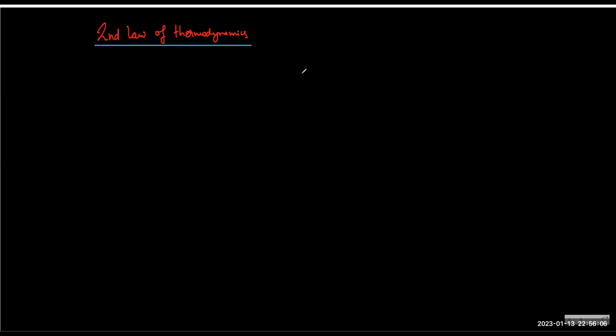So the first thing the first law failed to explain is that it never says 100% is not possible. It says yes, 100% is also possible. But in practice, we know that 100% is not possible. We cannot design any such engine. So the second law of thermodynamics is basically our real life, the life in which we live.